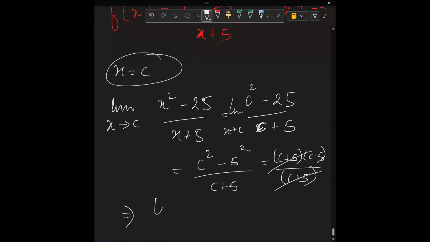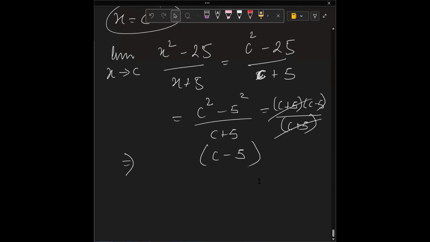And at last, what you are left with is c minus 5. यहाँ पे x था, आपने लिमिट पुट कर दी तो लिमिट लिखने की जरूरत नहीं है. So this is c minus 5.